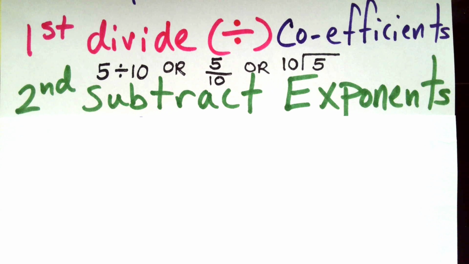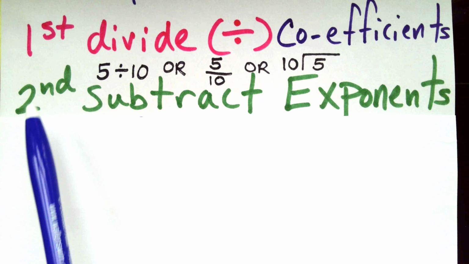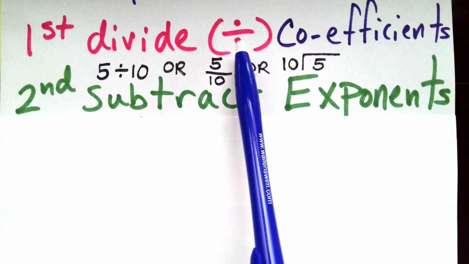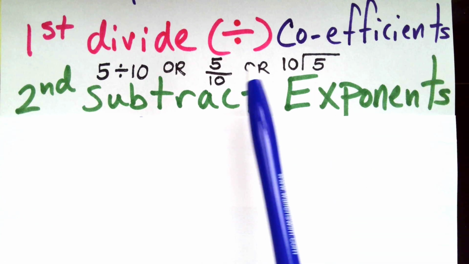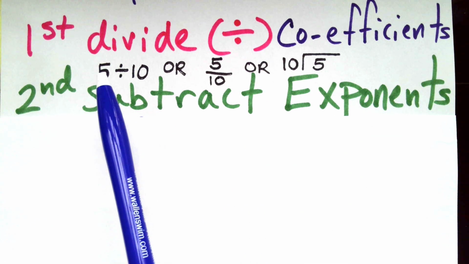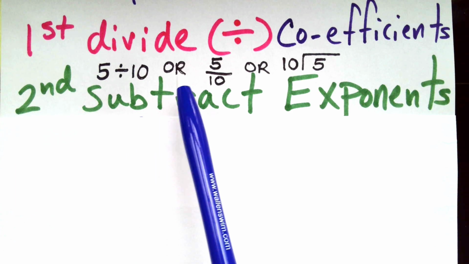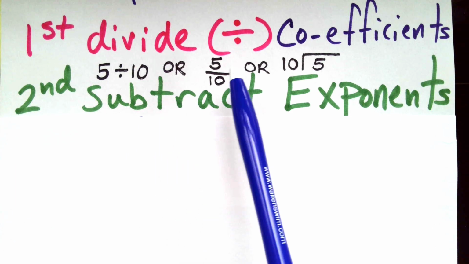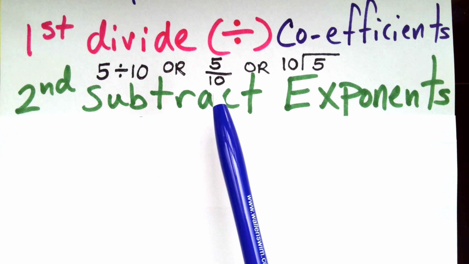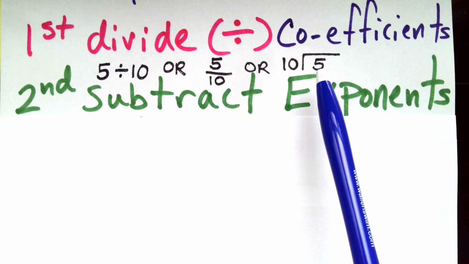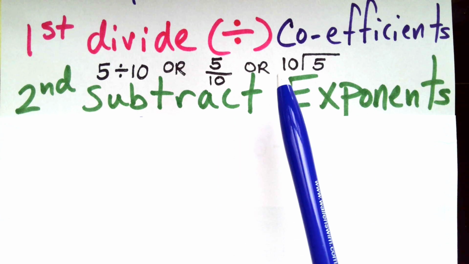All right, so when you're finding the quotient using scientific notation, first you're going to divide your coefficients. Right, and here's some examples of division: 5 divided by 10, another way to write it, or 5 divided by 10.